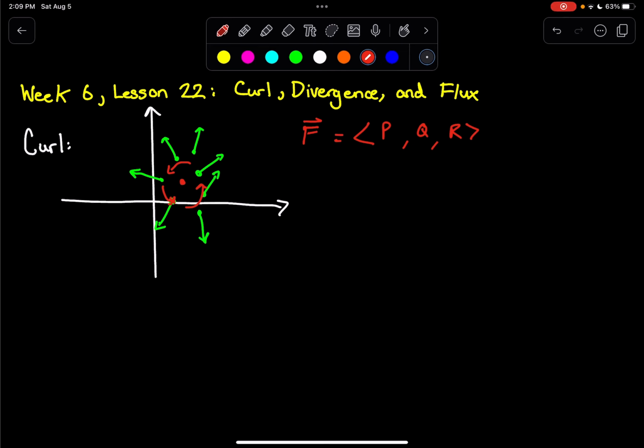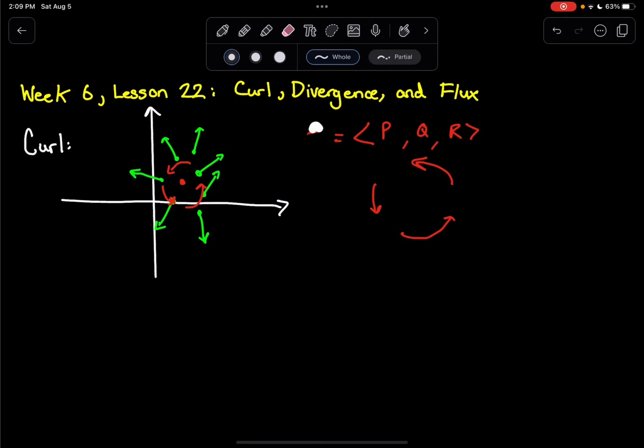Say we were meteorologists trying to determine if a hurricane was going to form: it's a good idea to be able to calculate the curl of, say, the weather gradient to determine whether or not we're going to start getting swirling, are we going to get tornadoes, are we going to get hurricanes, things of that nature. So the idea here is, can I analyze a vector field in such a way that I can determine this thing which we call curl, the amount which something is swirling?